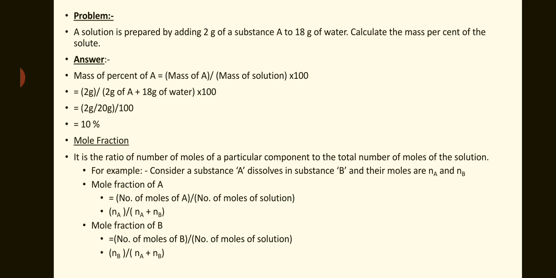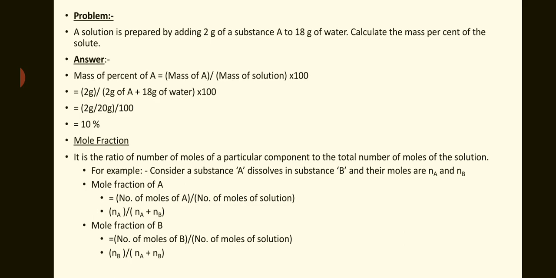Clearly, mass percent of A is equal to mass of A divided by mass of solution, into 100. It is given that 2 gram of substance A is taken. So 2 divided by the mass of solution, meaning mass of solute plus mass of solvent, that is 2 gram of A and 18 gram of water.